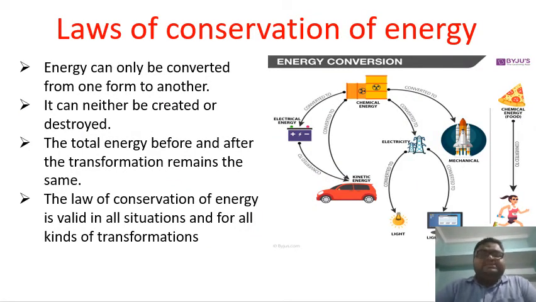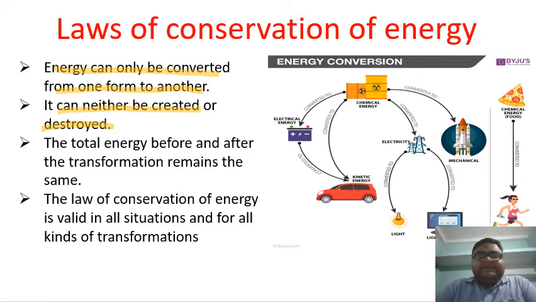So the law of conservation of energy states that energy can only be converted from one form to another. It can neither be created nor be destroyed. It can only convert from one form to another, right?